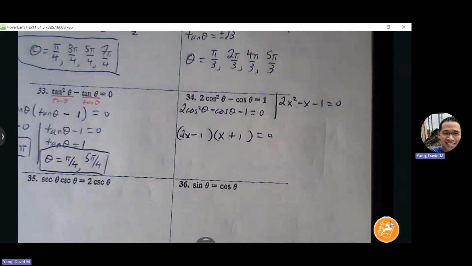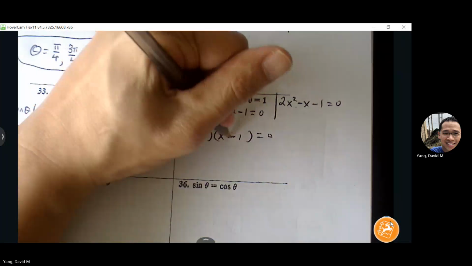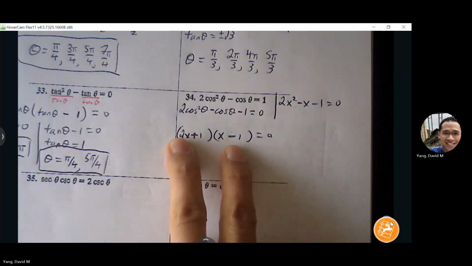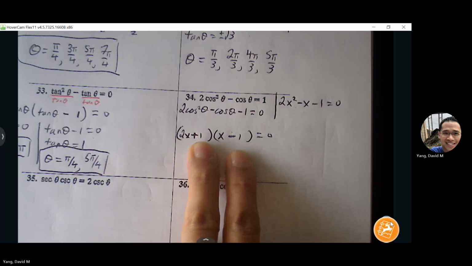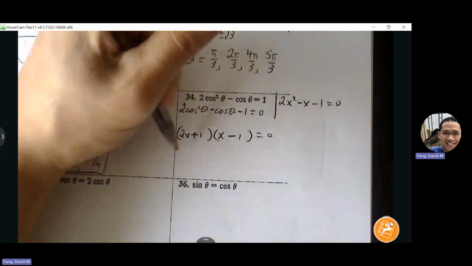Oops, I got the sign mixed up. So once I get my factored form, let's bring back the cosine.